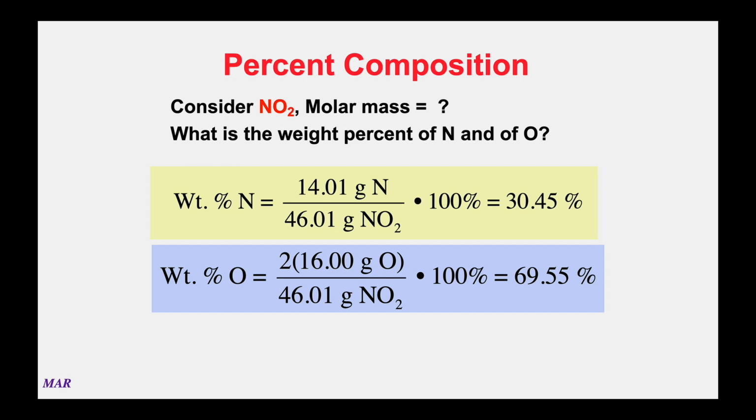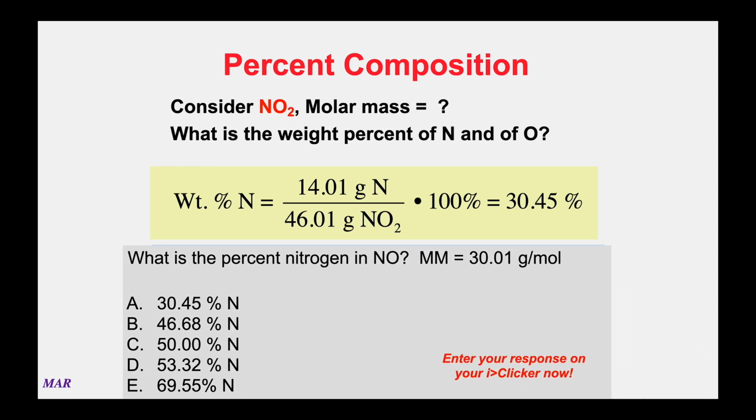Also, if you have one element's percent and there's only one other element, then 100% minus that number would be an alternative way to find the percent of the other one. So for example, if you had percent nitrogen, 30.45, you could also go 100 minus 30.45 to get that 69.55%. So lots of cool ways to do that.